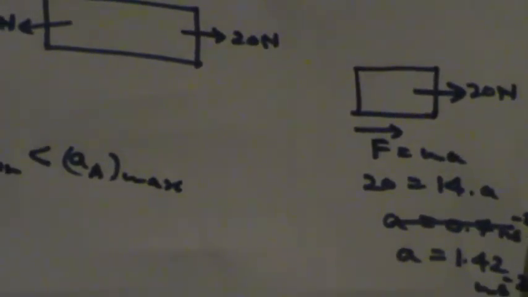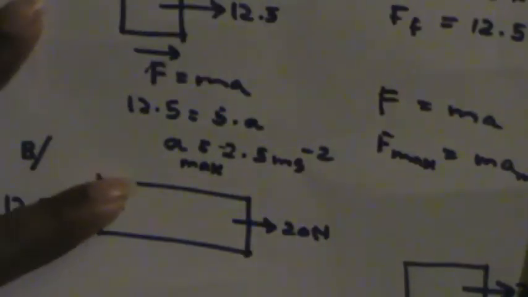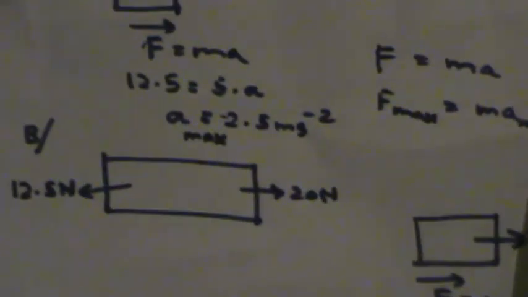So what actually happens is that these two objects go at the same acceleration, which means these two objects are going as a unit. Now the acceleration of A has been found as 2.5 meters per second squared. So the acceleration of B will also be 2.5 meters per second squared.